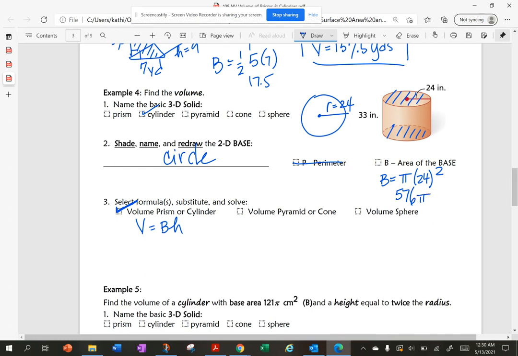576 pi. And the height of my cylinder is 33.